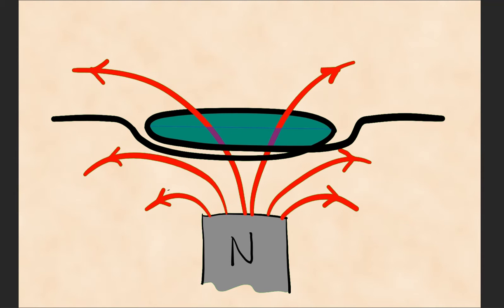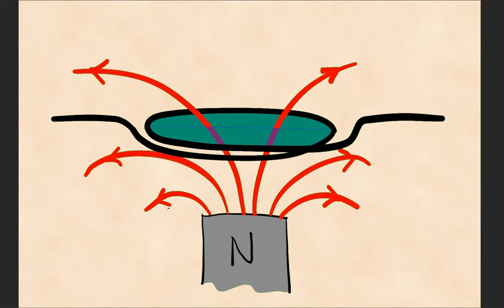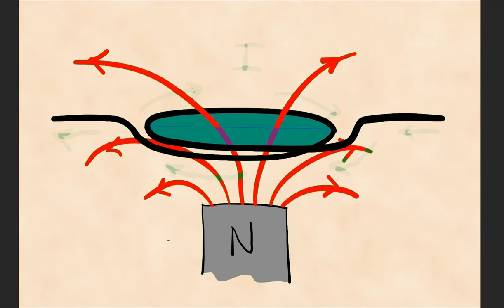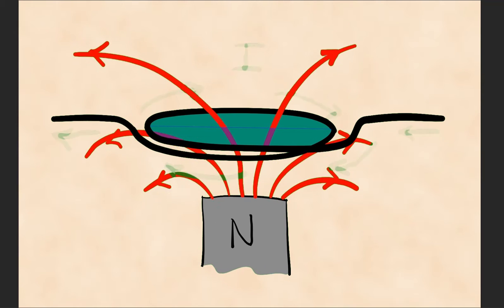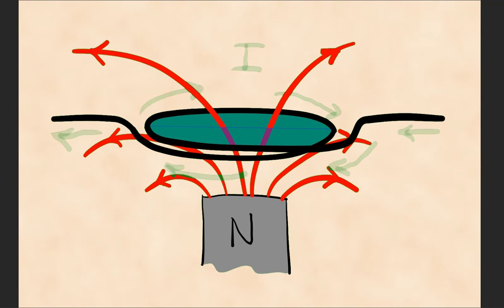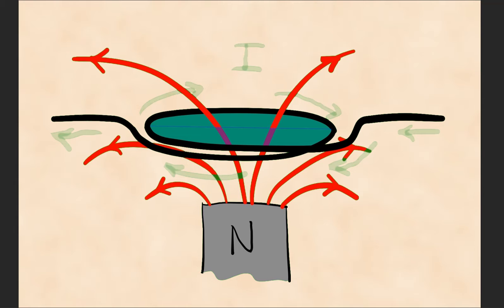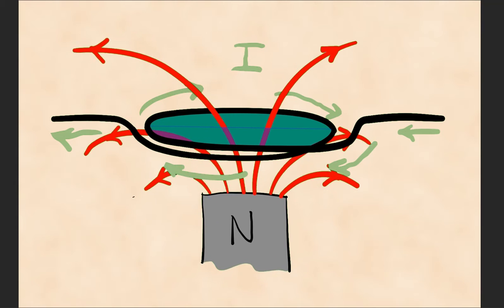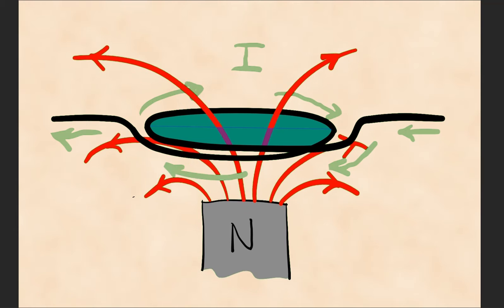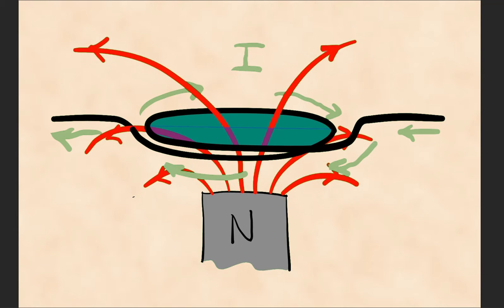So here we have a bar magnet near a loop of wire, and in the first part of this process, the bar magnet is moving toward the loop of wire. So we go through the steps. We've got a picture drawn. We look at the direction of the B field. Because the north pole of the bar magnet is near the coil of wire, the magnetic field lines are pointing up. So there's a flux going up through the coil of wire.